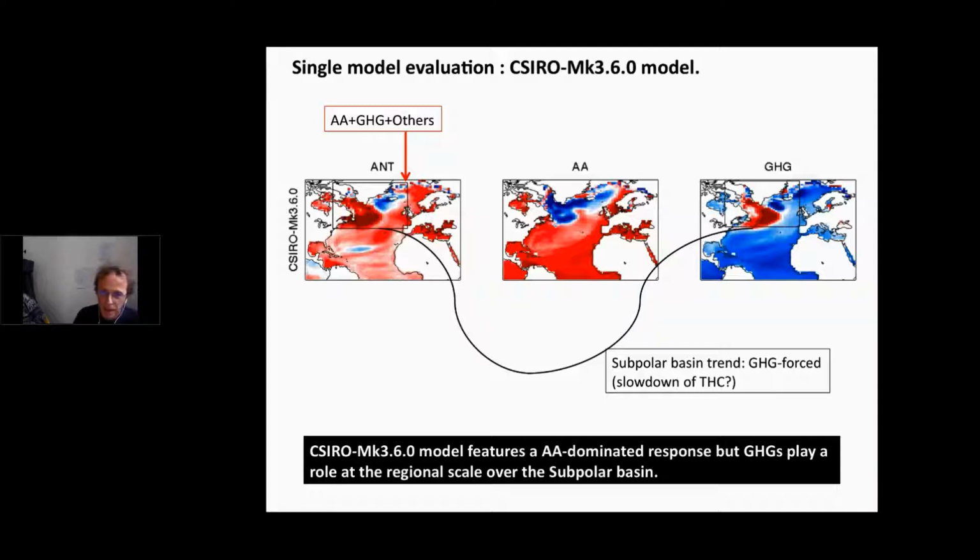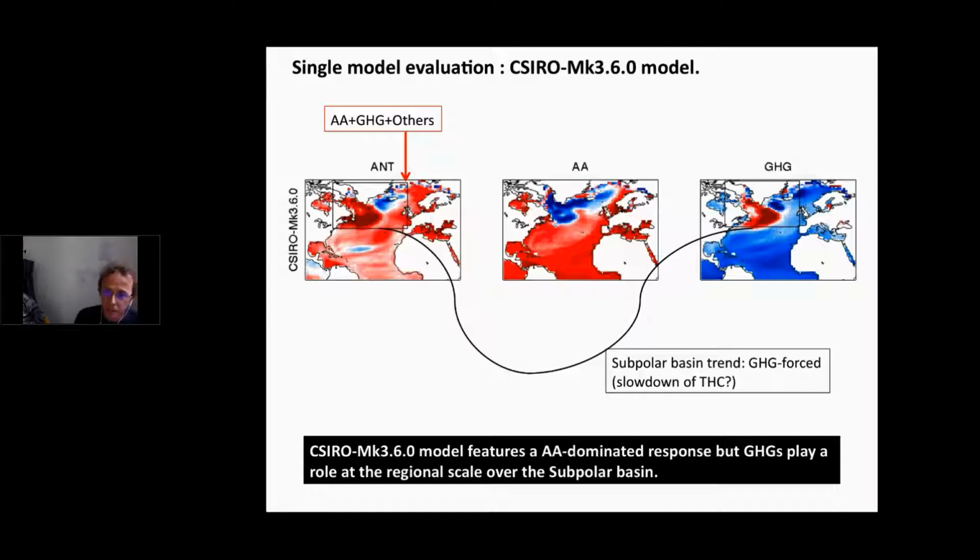And this is telling us that aerosols and greenhouse gases are both important in shaping the overall anthropogenic response of a given model, and therefore they are both concurring to the overall pattern. There's no one dominant driver, but they are both important, and they also project onto different areas of the North Atlantic.